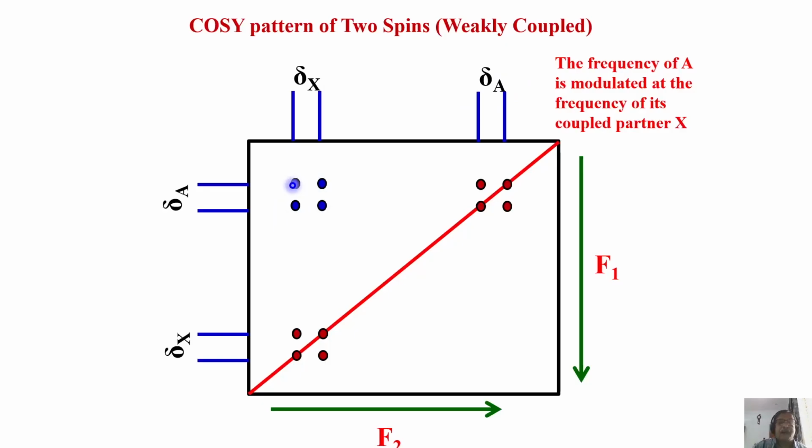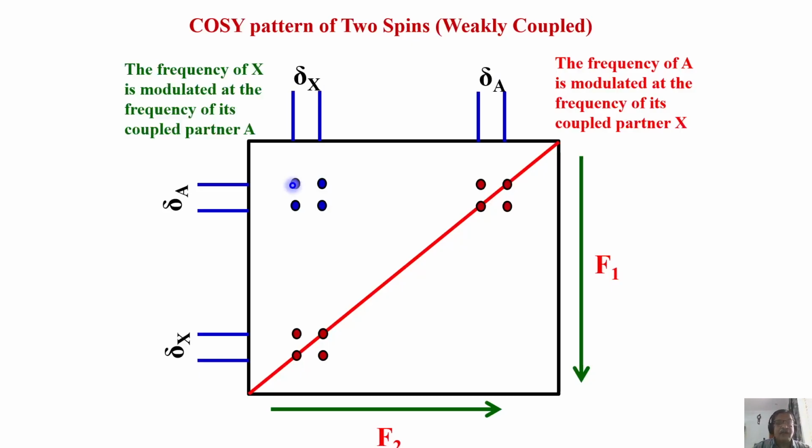Now what happens to X? X also gets modulated because the interaction is mutual in NMR. So X also gets modulated at the frequency of A and gives rise to a cross peak at its coupled partner A. Now you understand: A not only appears at its own frequency, it also gives rise to autocorrelated peaks because of the splitting pattern.